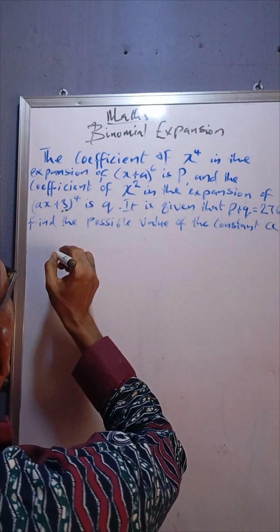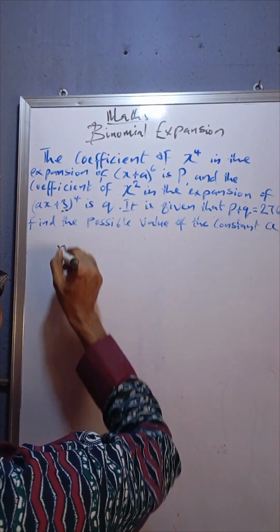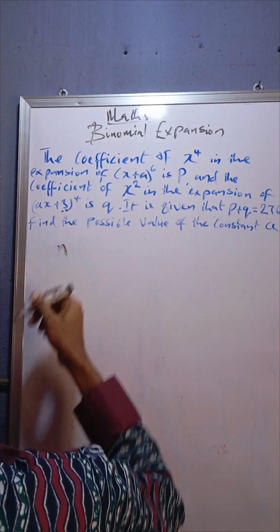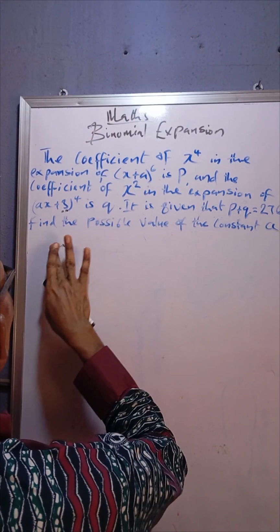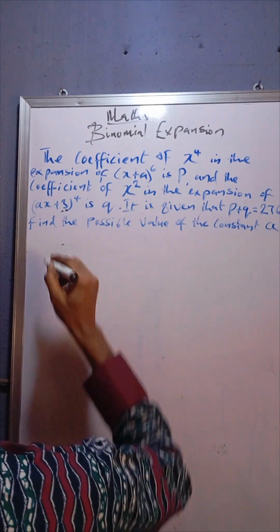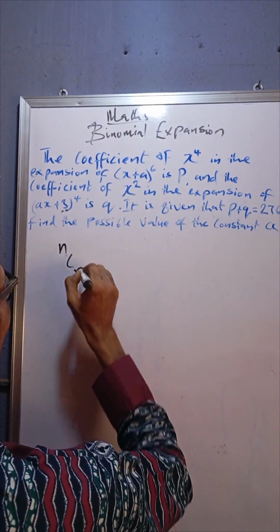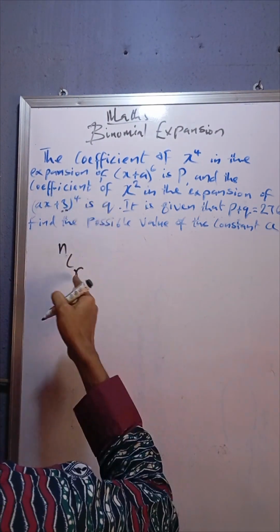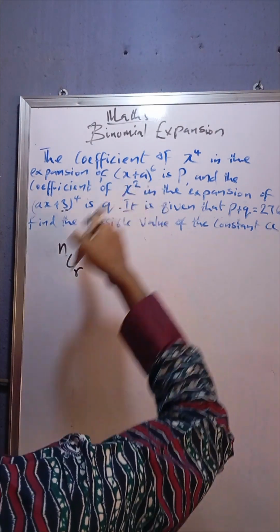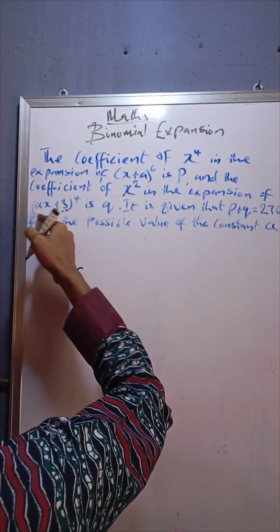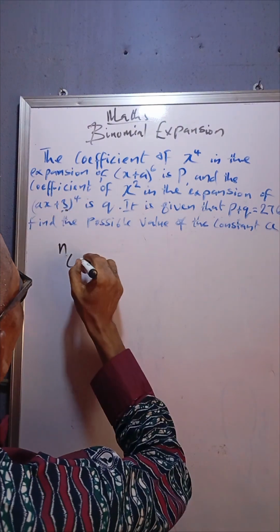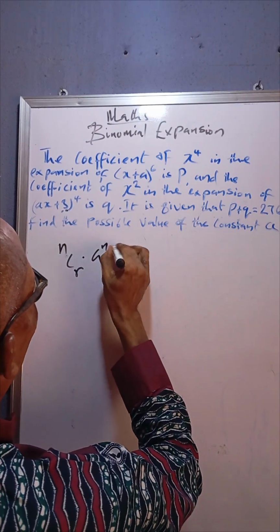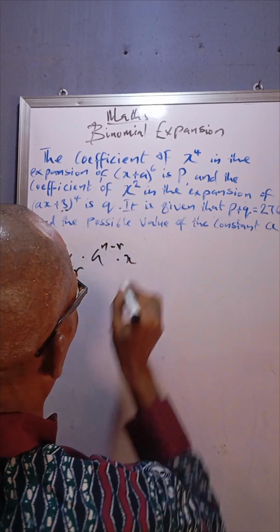In the combinatorial process, we have n combination r, where n is the power, r is the power of x, times a to the n minus r, and x to the r.